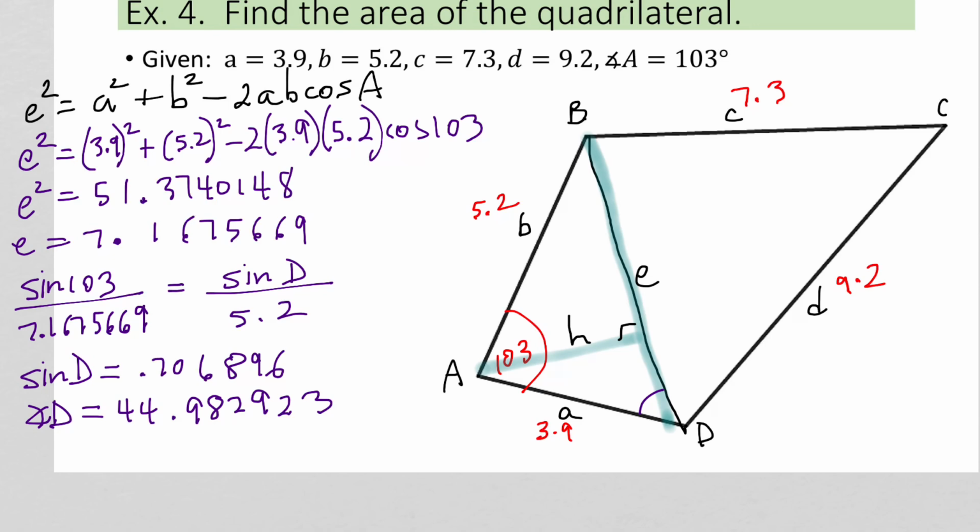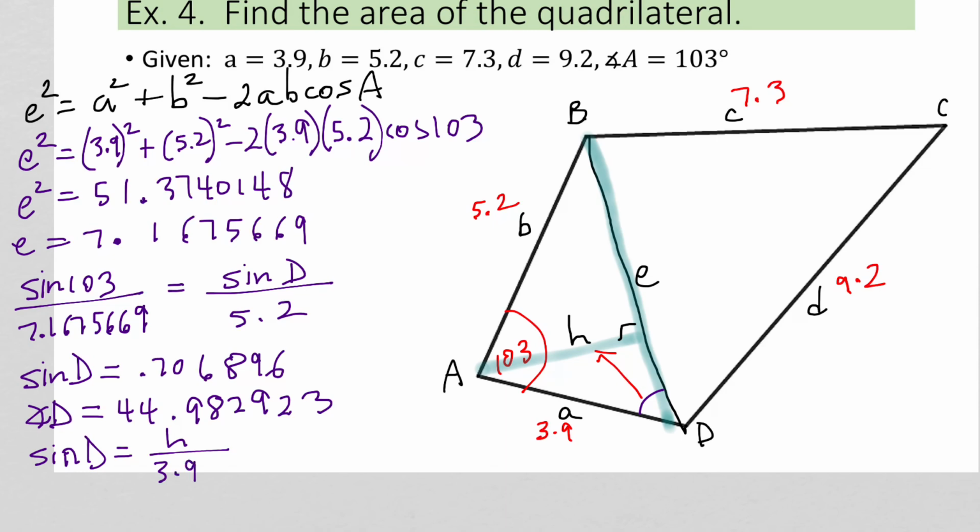The next thing I want to do is find side H. If I'm standing on the angle D, this is my opposite side here. So I'm going to say the sine of the angle D is equal to the opposite side, which is H, over the hypotenuse, which would be this side here, 3.9.